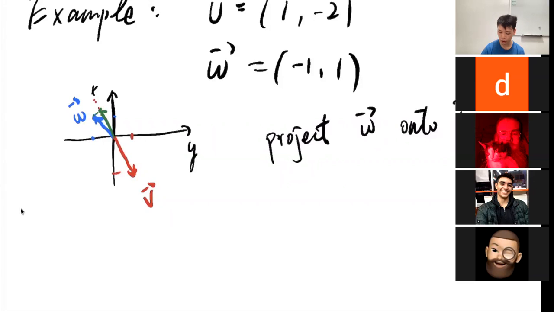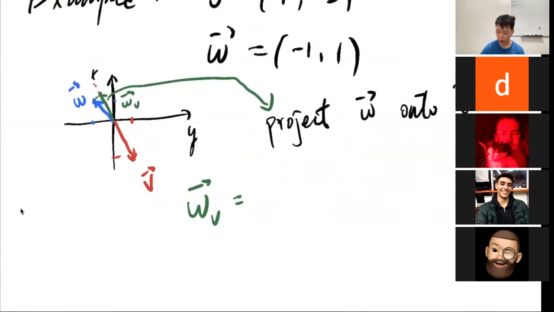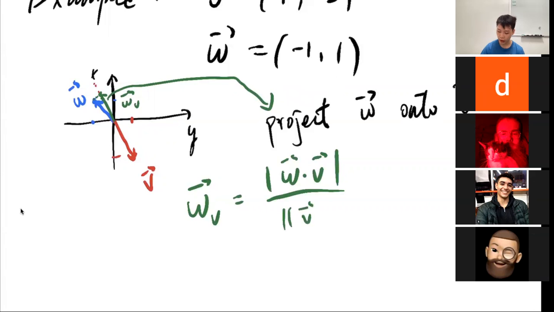So this is the projection we want to obtain. I denote this vector by W_V. By the formula, it is the absolute value of the dot product W dot V, divided by the length of V squared, times the vector V.